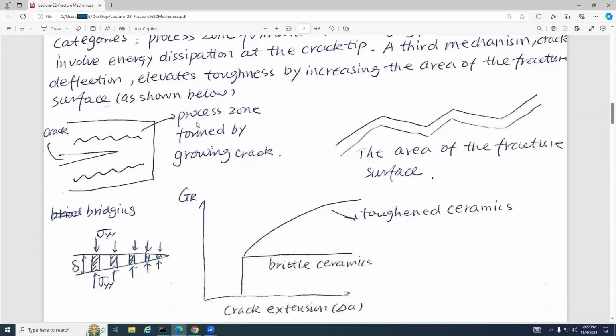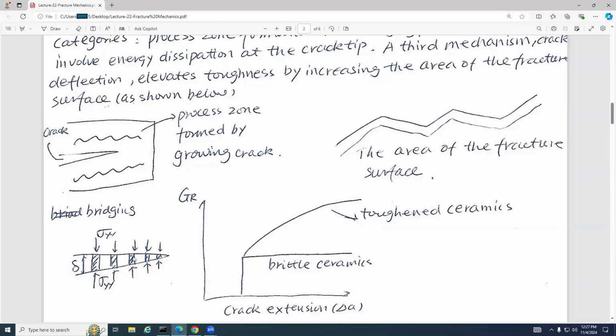So this is a process zone, and the second one is bridging. And bridging, as I said, is physically intuitive. So this is a crack, and we can have some fibers or whiskers to connect the two surfaces of this crack, and make sure that when you want to open this crack further, you need to break either the fibers or whiskers first.